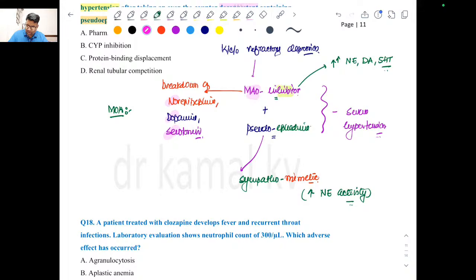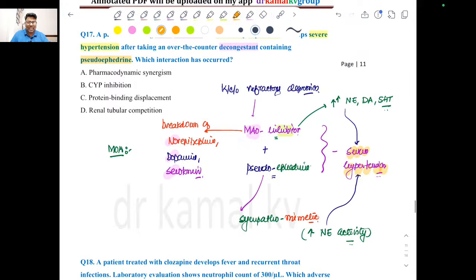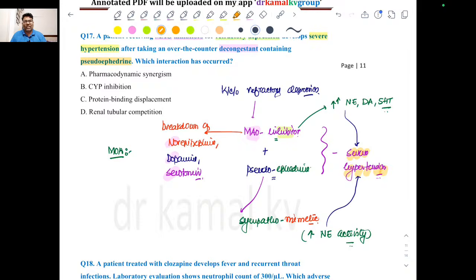So increased norepinephrine from here, increased norepinephrine from here, it is going to increase the sympathetic activity leading to severe hypertension. So both the drugs have the same kind of activity and therefore their activity is added together, and this is known as pharmacodynamic synergism.